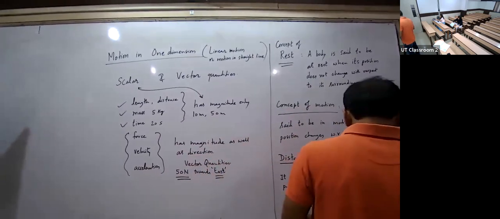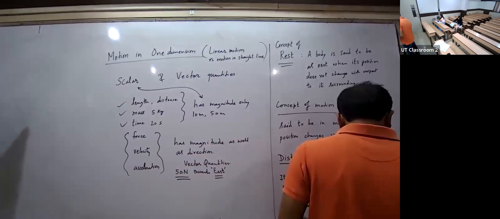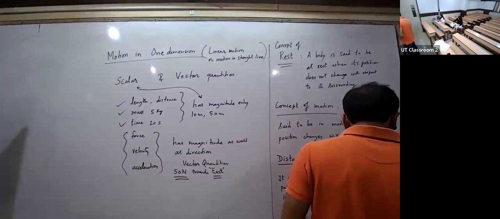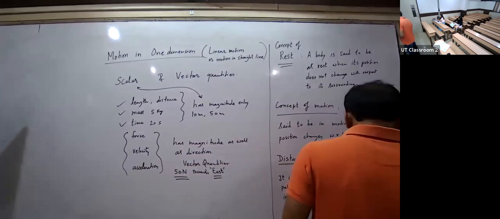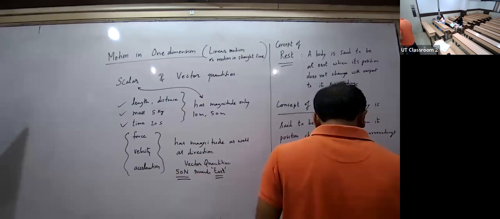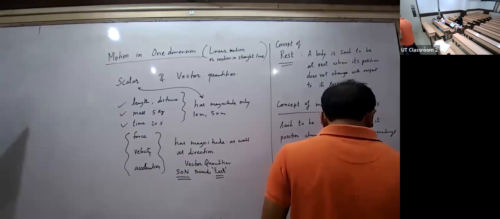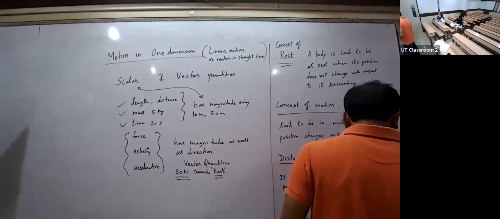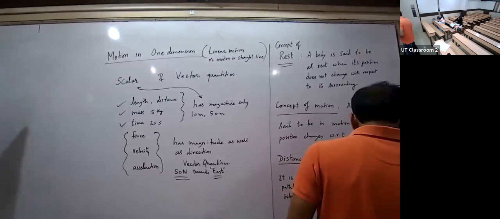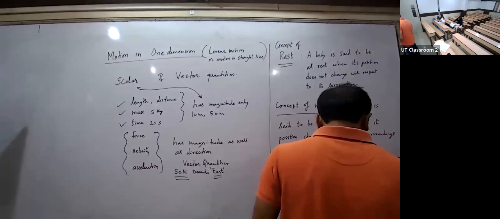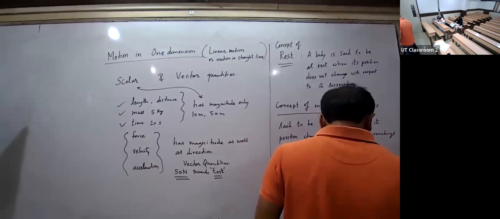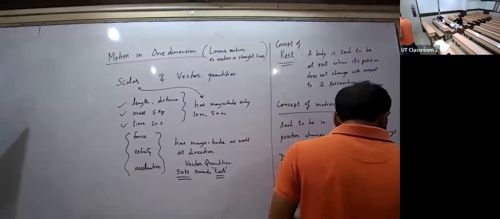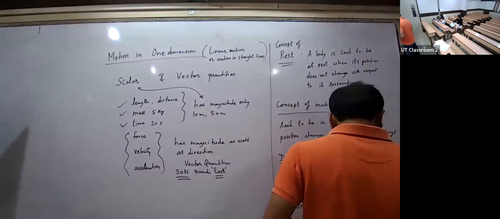Displacement is the shortest distance between the initial and final points, in a specific direction.